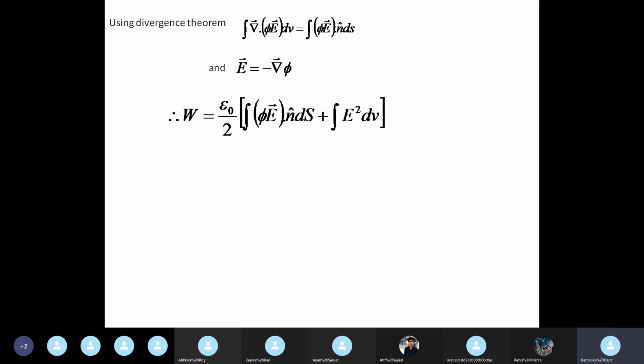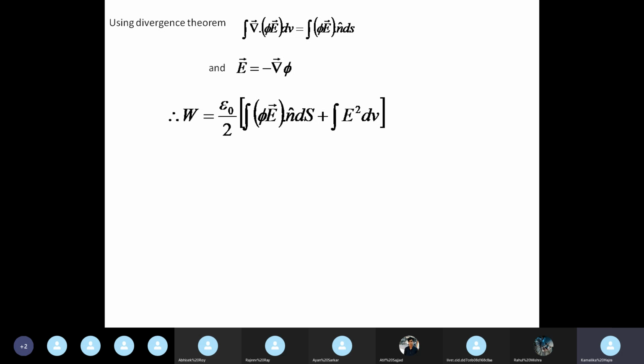So if you take the volume to infinity, and also we know that with distance potential decreases, then at infinite distances the potential will become zero. So this term that contains the potential will become zero if you take the volume to be infinitely large.